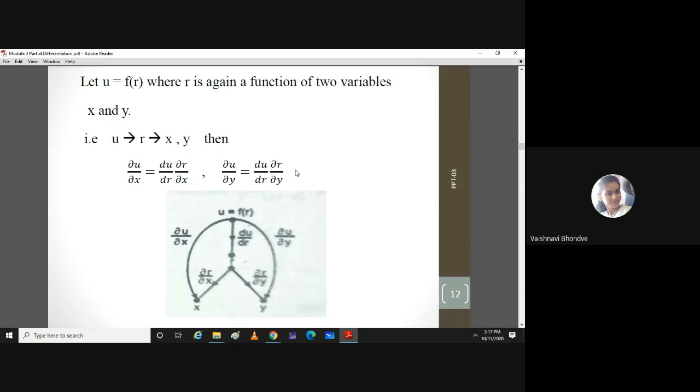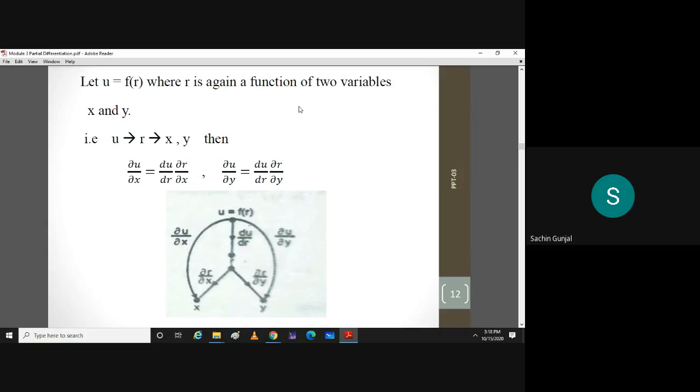Yes, sir. But while differentiating, we will not be able to differentiate with two variables, right? No, with respect to du by dr. Let me give you an example. U is equal to r raised to m, where r is x square minus y square plus z. So we will not substitute in the first place.